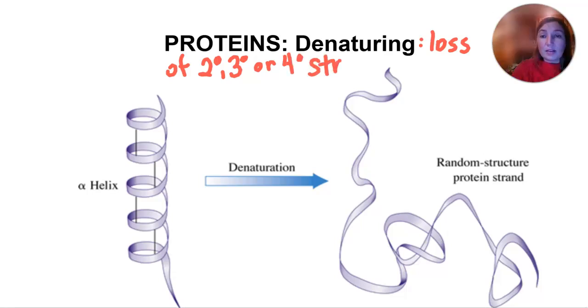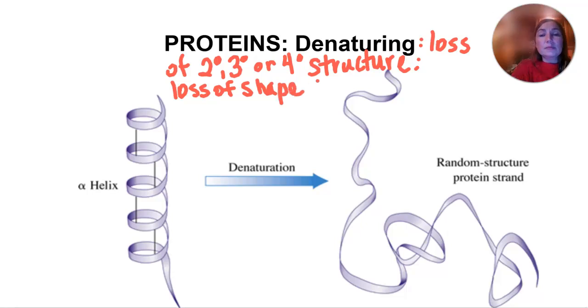It's not about loss of your primary structure, because breaking apart the amino acids, that was amino acid hydrolysis. That was really loss of primary structure when we talked about hydrolysis. This would be loss of shape and function of the protein.